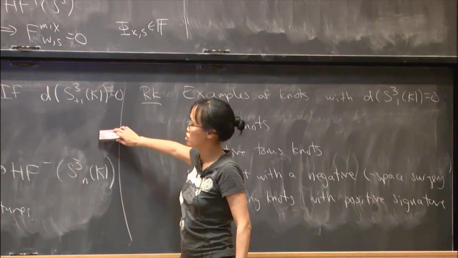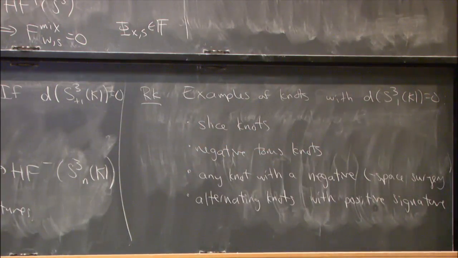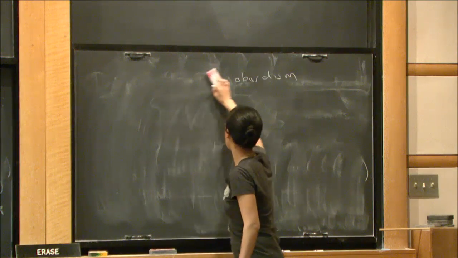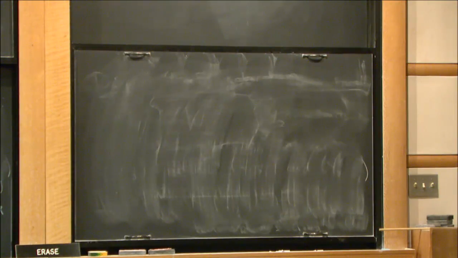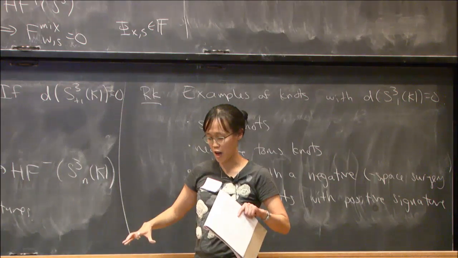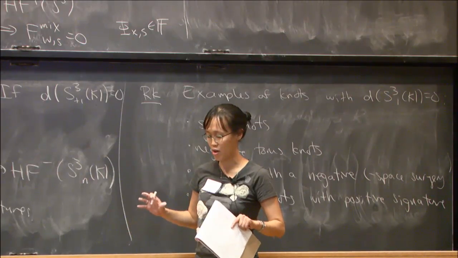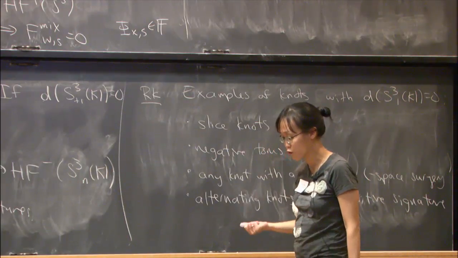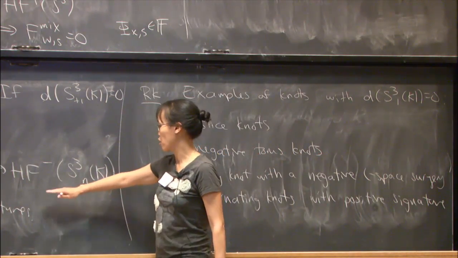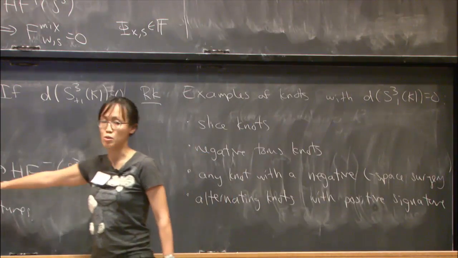For the experts in the audience, let me say a few words about how this proposition is proved. We proved this proposition using the Ozsváth-Szabó mapping cone formula. The mapping cone formula gives a way to calculate the Heegaard Floer homology of surgery along your knot in terms of certain maps on the knot Floer homology of K. Not only does it give you a way to compute the Heegaard Floer homology of surgery, but it also gives you a way to compute this map.